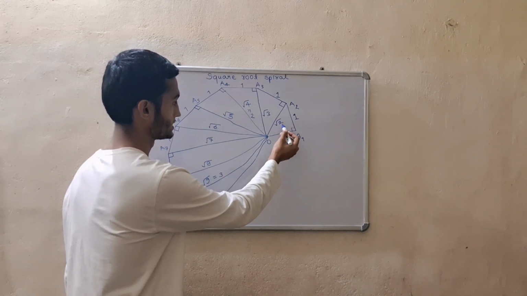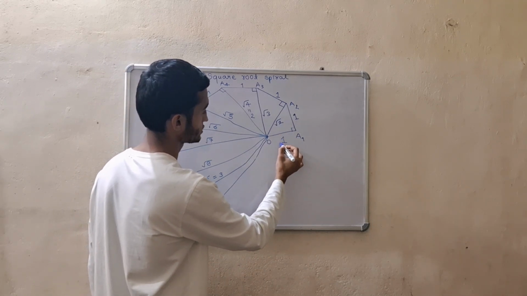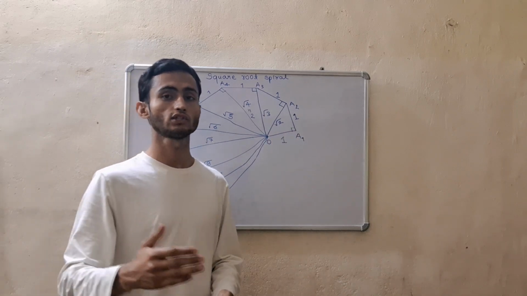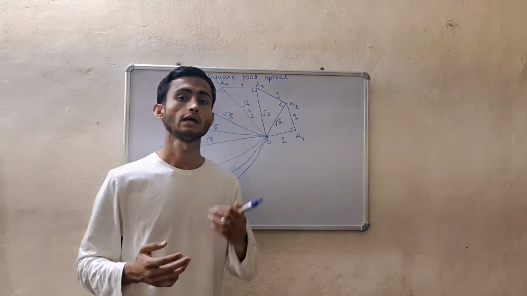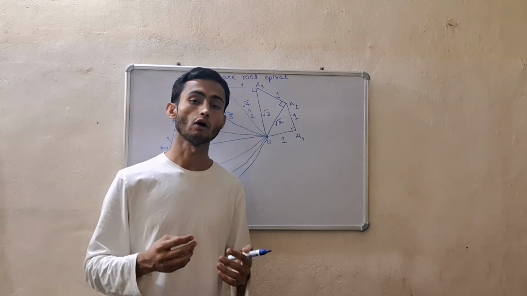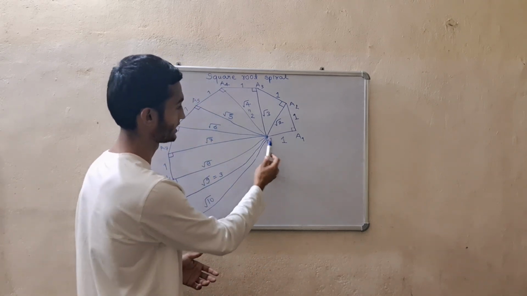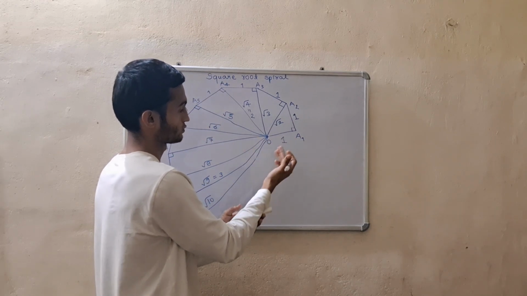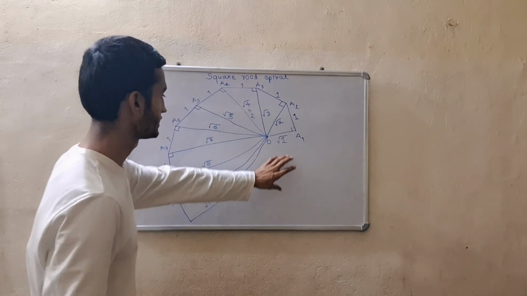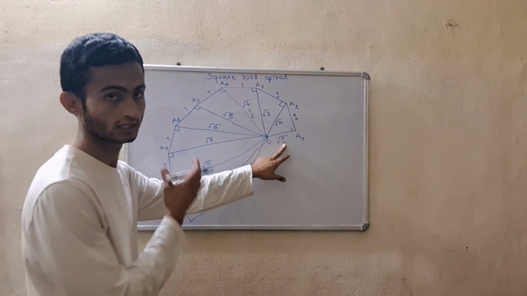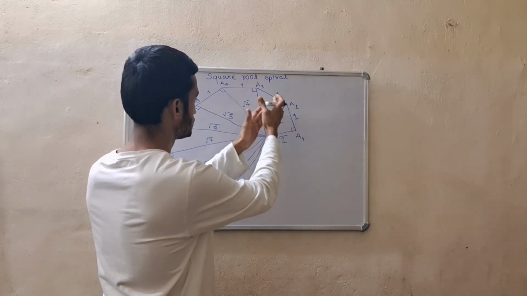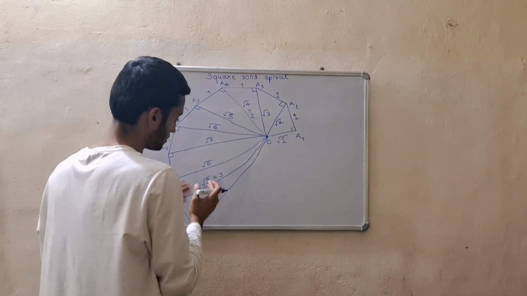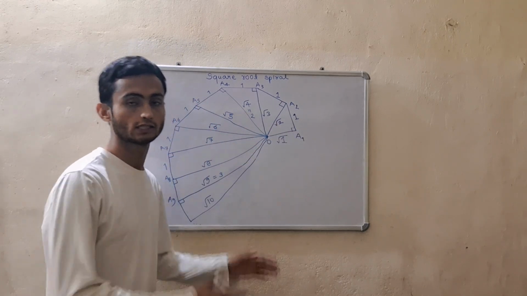You can also say that this is square root of 1, the hypotenuse of a right angle triangle whose legs are of 0 length, so we cannot make that. So we are starting from the first positive integer: square root of 1, square root of 2, square root of 3, square root of 4, root 5, root 6, root 7, root 8, root 9, root 10, and it keeps going on.